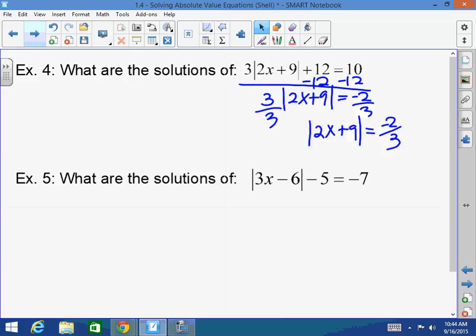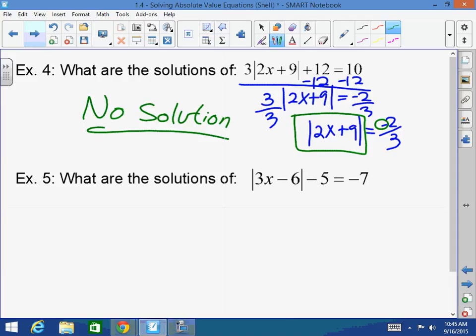Why is it not possible, my brother? It's a negative. Guys, can the absolute value of anything ever be negative? Whenever you have an absolute value equation, once you have gotten the absolute value alone, very important, if it equals a negative, stop right there.